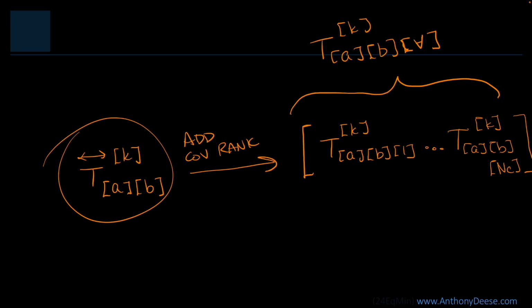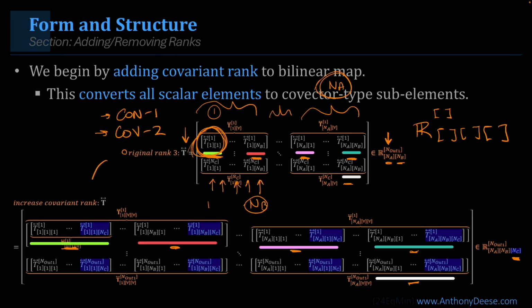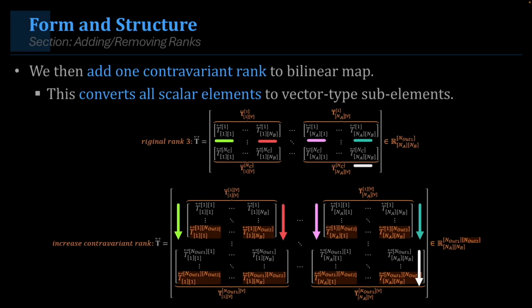Okay, so we know how to go from here to here, our original rank 3 tensor to one with an increased covariant rank. So now this one has contravariant rank 1, covariant rank 3.